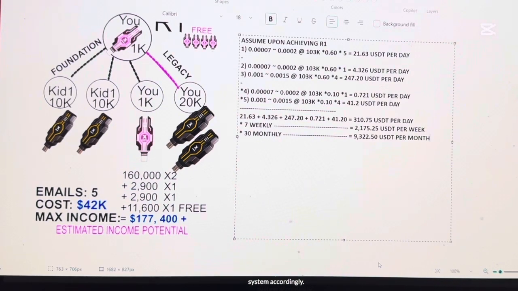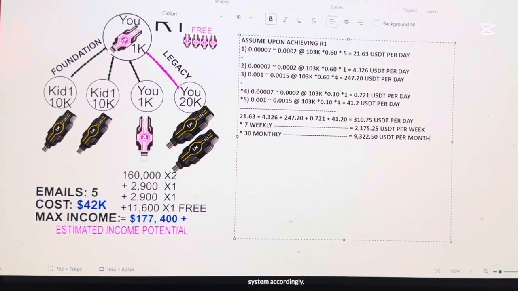So you simply divide 177,400 by 9,322. That will give you 19 months. 19 months divided by 12, that's about 1 year and 6 months.